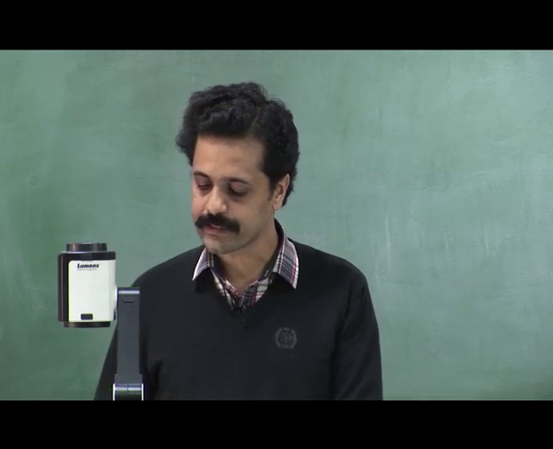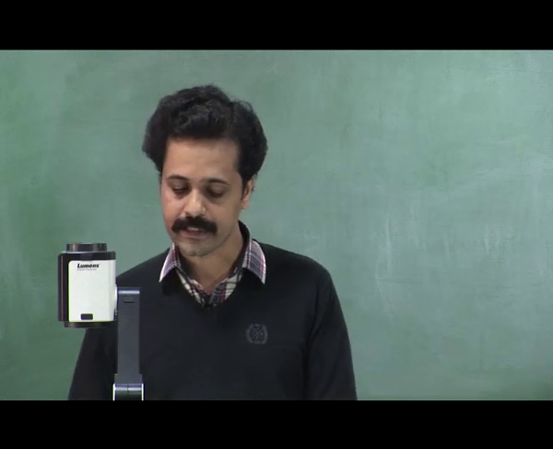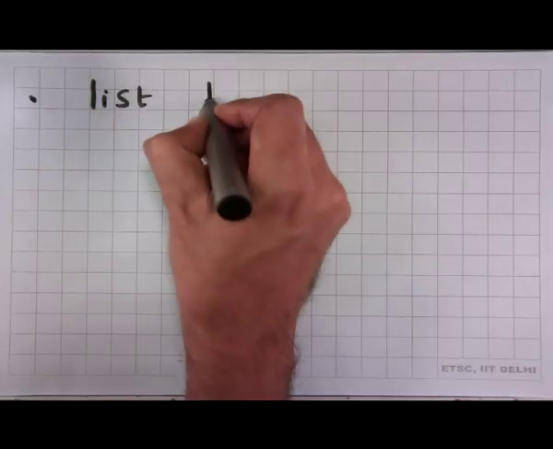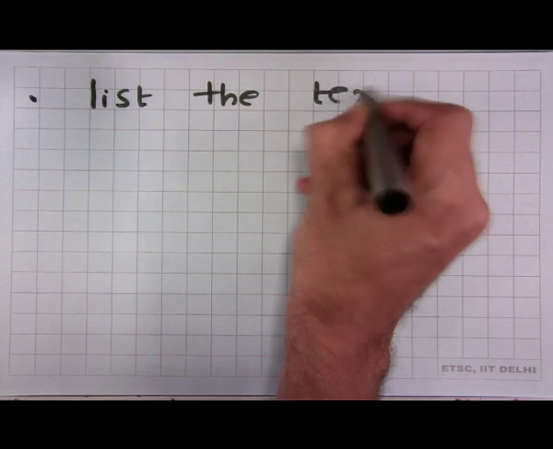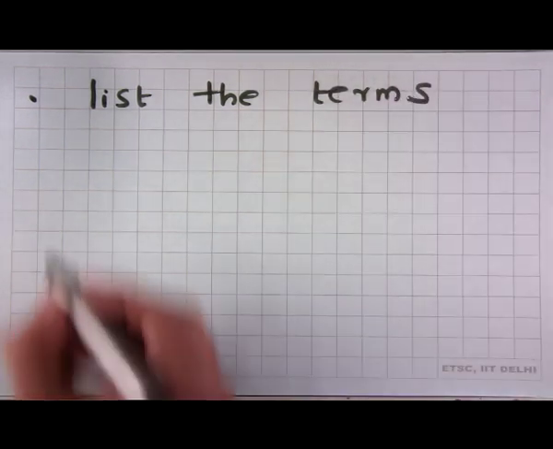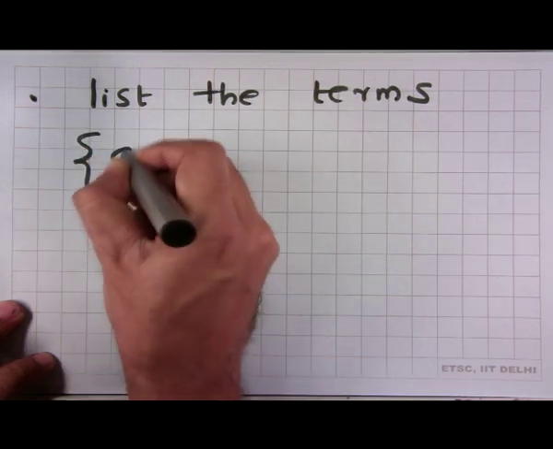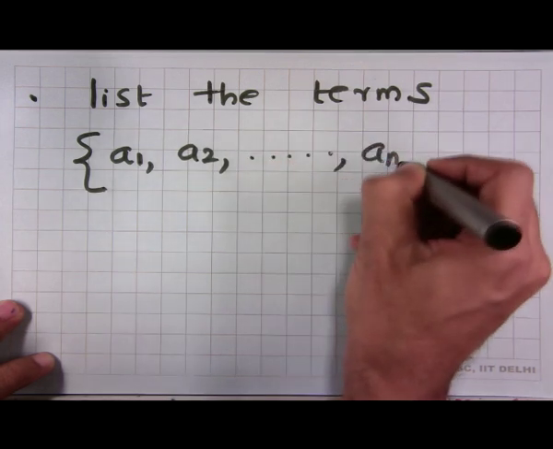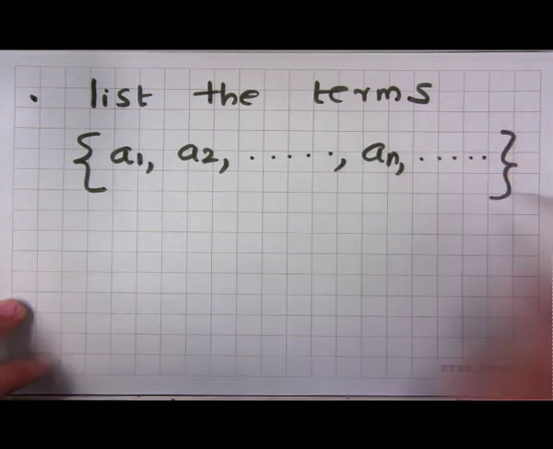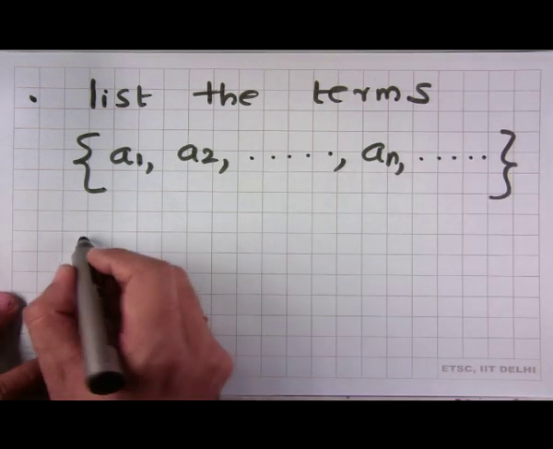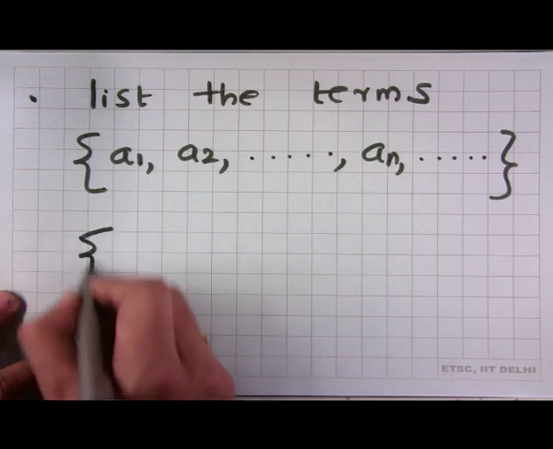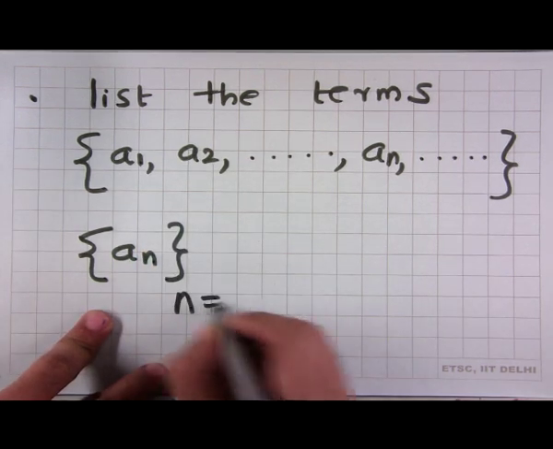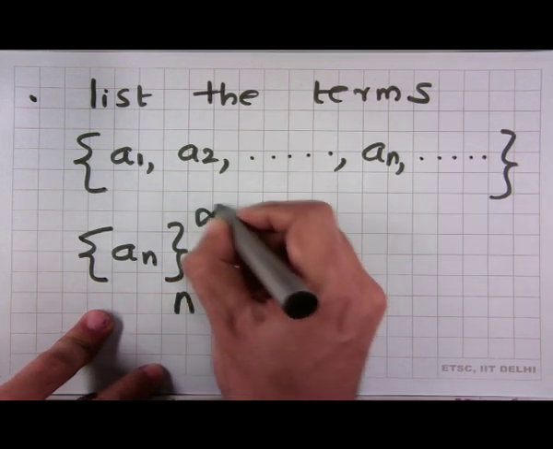Another way to describe a sequence is to list its terms, and write a sequence as A1, A2, so on, An, and so on. In a compact manner, this can be written also as set An, n is equal to 1 to infinity.